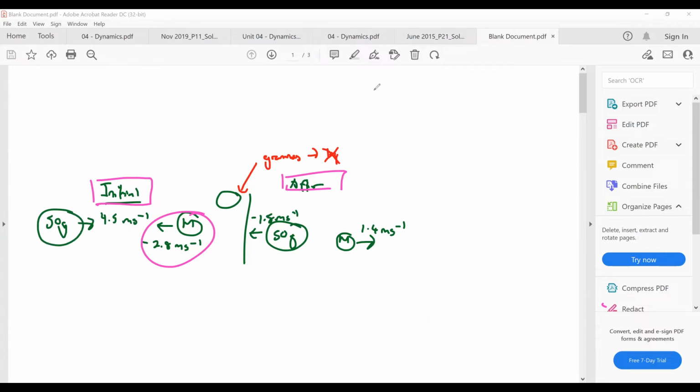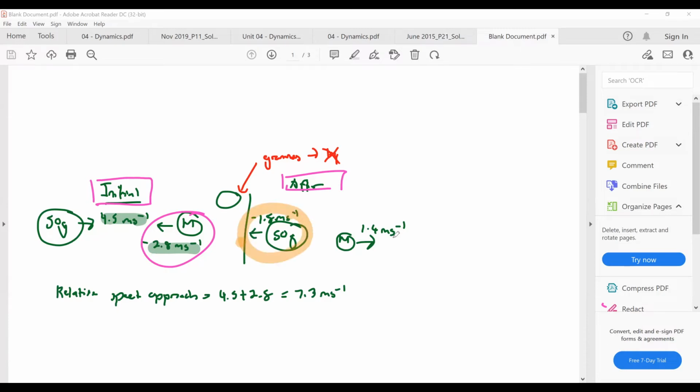So in your case here, because they're both moving towards each other, remember I mentioned to you your relative speed of approach here would just be you adding the speeds together. Don't bother about the negative, just add the magnitudes together. So you get 4.5 plus 2.8, you will get 7.3 meter per second.